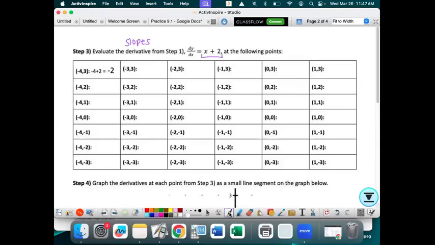If I had x plus y, I'd be plugging in both values, but I just have x's in here. So for (-4, 2), I'm going to take my x value of -4 and plug it in. -4 plus 2 is -2. So technically, for this entire column, since I have the same x value and the derivative doesn't depend on my y value, these are all going to be -2.